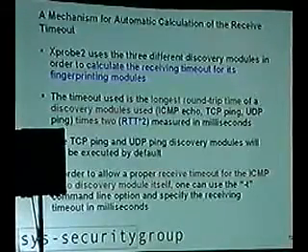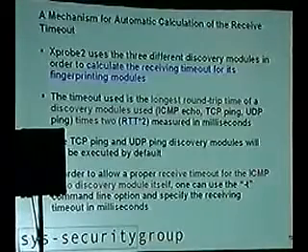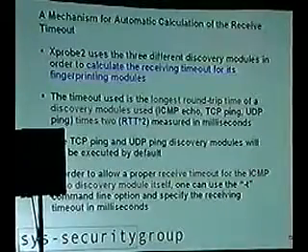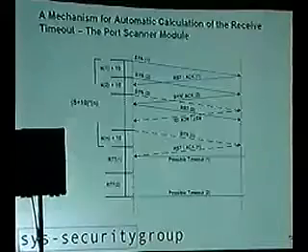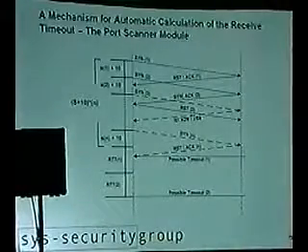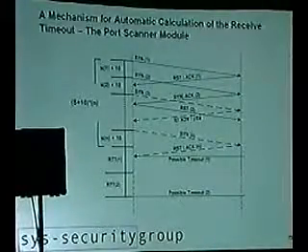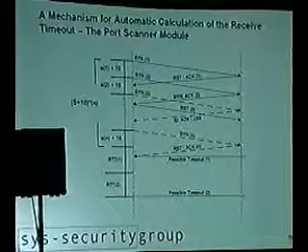For the discovery modules themselves, we have added a -T command line option to specify their own receive timeout. And with the port scanner, we have added a different timeout mechanism.